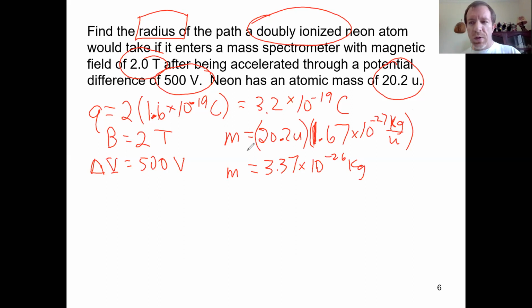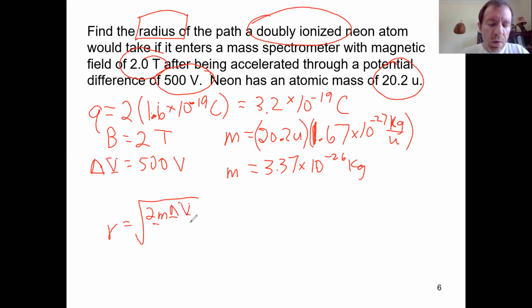So what is it we're solving for? We're trying to find the radius. And we can use that expression that I had a slide or two ago. It says that radius is equal to the root of 2m delta V over QB squared.